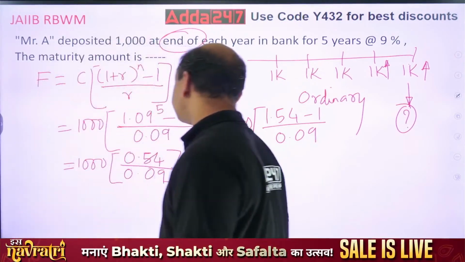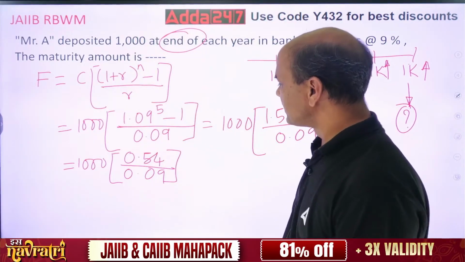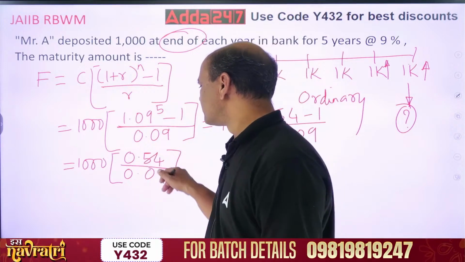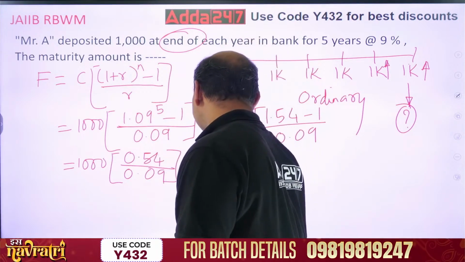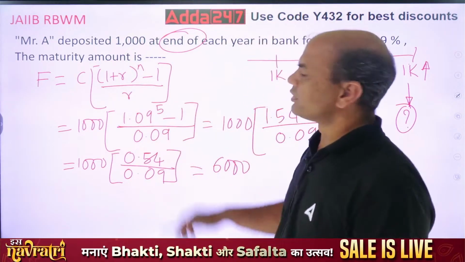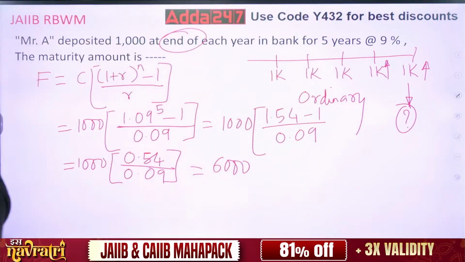It will be 9 sixes are 54, isn't it? So 54 over here, 9 over here, 9 sixes are 54, 6000. So the maturity amount in this case will be 6000.